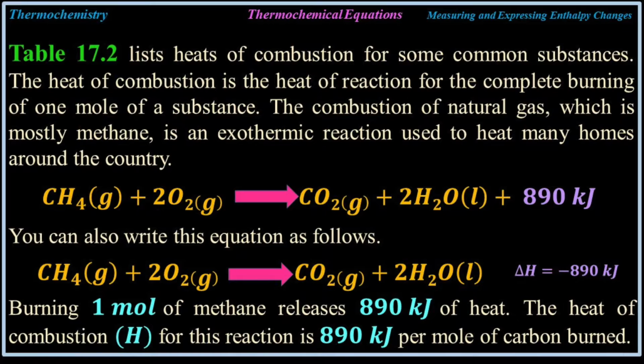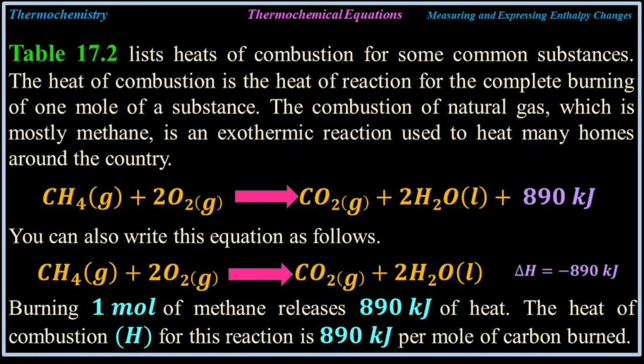The combustion of natural gas, which is mostly methane, is an exothermic reaction used to heat many homes around the country. 1 mole of methane plus 2 moles of oxygen yields 1 mole of carbon dioxide plus 2 moles of water plus 890 kilojoules. That's exothermic.